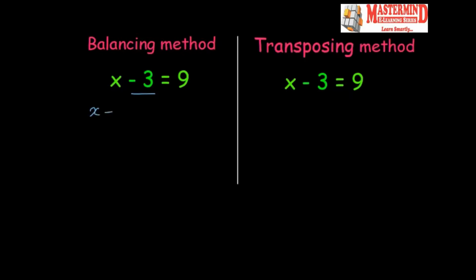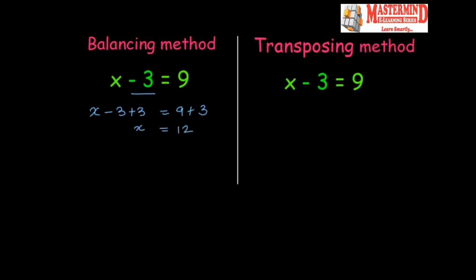Since here 3 is subtracted, to remove it we'll have to add 3 on both sides. Opposite of subtraction is addition. So in this case we will add 3 on both sides. Now when we add 3, this minus 3 plus 3 gets cancelled off, and only x is left out in the left hand side. And here 9 plus 3 is 12.